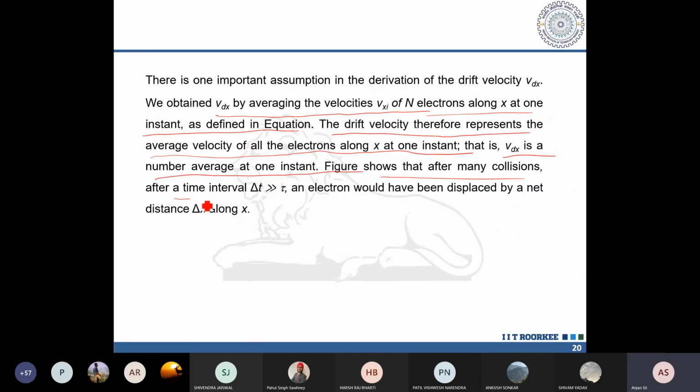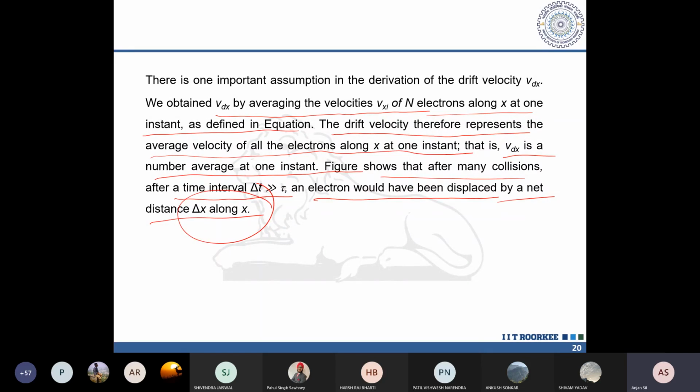After a time interval delta t, an electron would have been displaced by a net distance along this direction. When delta t is greater than tau, it would have undergone a collision because it is above tau.